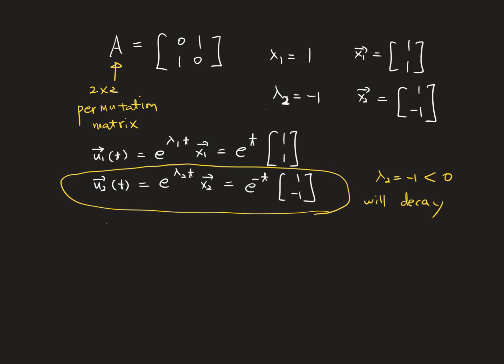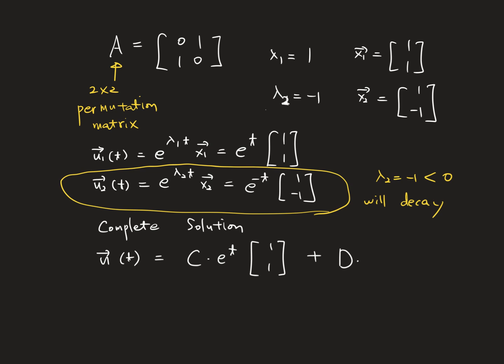The complete solution will be a linear combination of these: c times e^t (1, 1) plus d times e^(-t) (1, -1), where c and d are arbitrary real numbers.